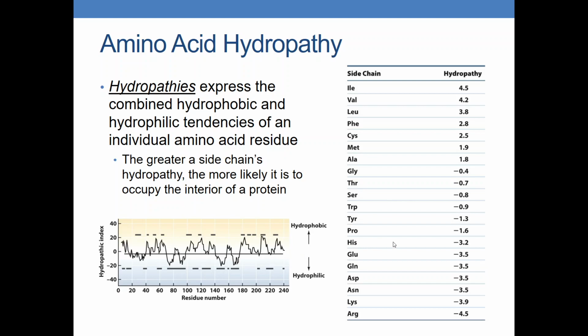And in reality, this is not as straightforward as it's being presented. I want you to understand that there is some averaging and algorithms go into this, but in a simplistic perspective, if you plot hydropathy index for each amino acid, what you can do is actually identify regions of your protein that are more likely to be solvent inaccessible in the protein interior or solvent accessible, which would be something that's more likely to be on the surface of the protein.